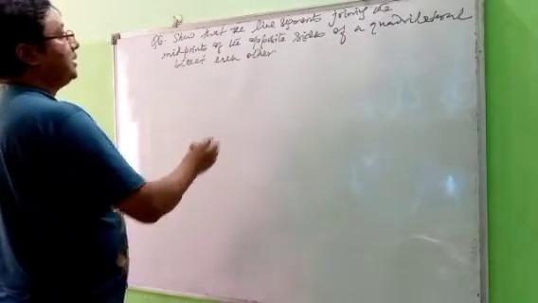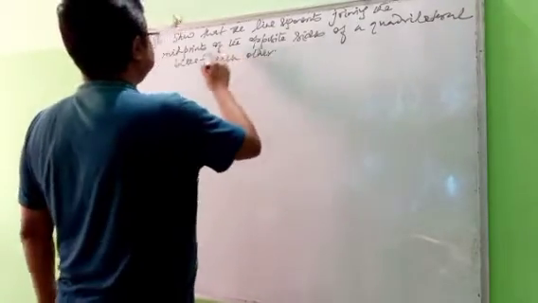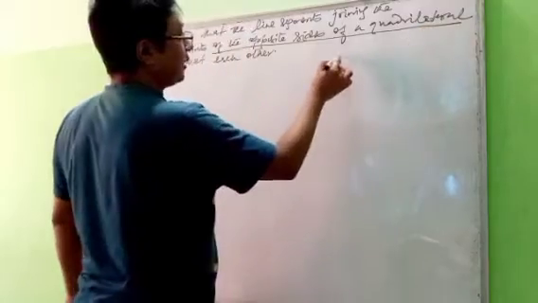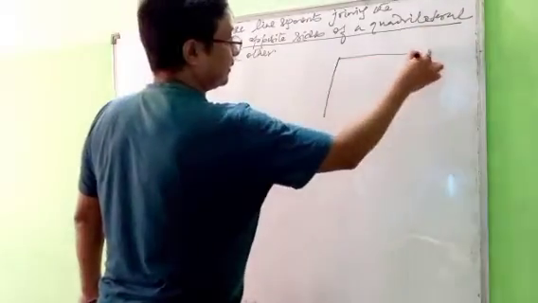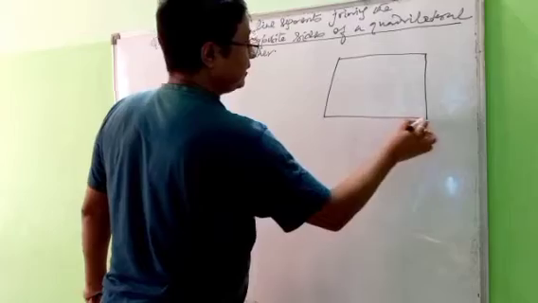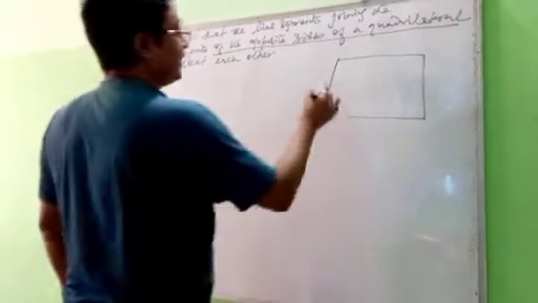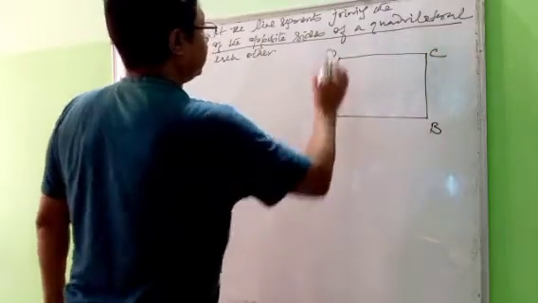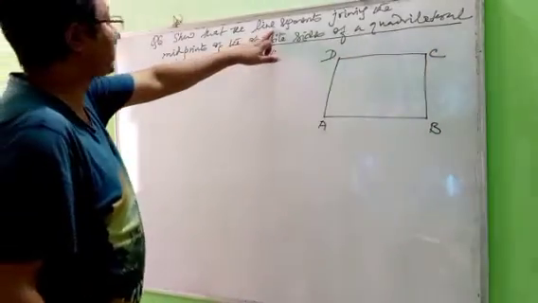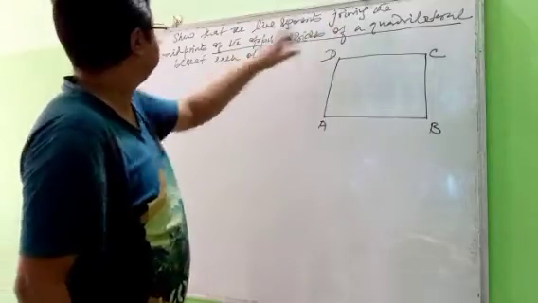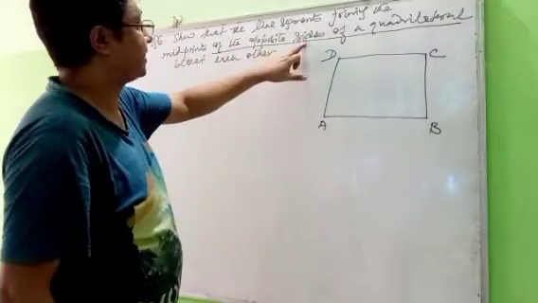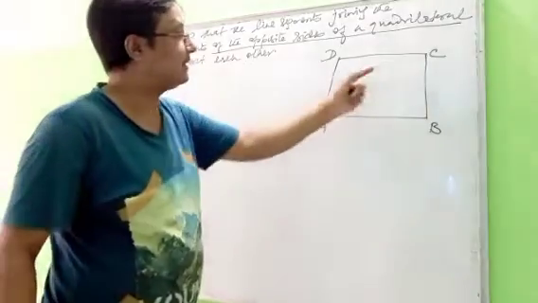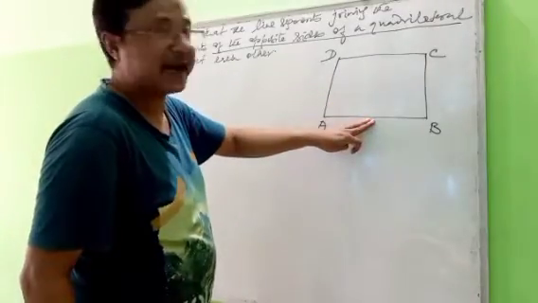Now, here they have said joining the midpoints of the opposite sides of a quadrilateral. So you will draw a quadrilateral, say A, B, C, D. So you will be joining the line segments.